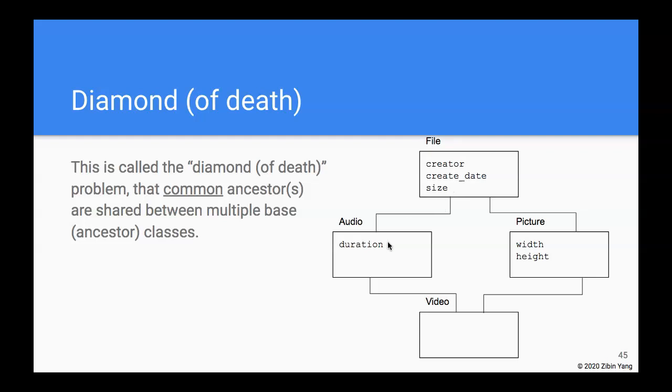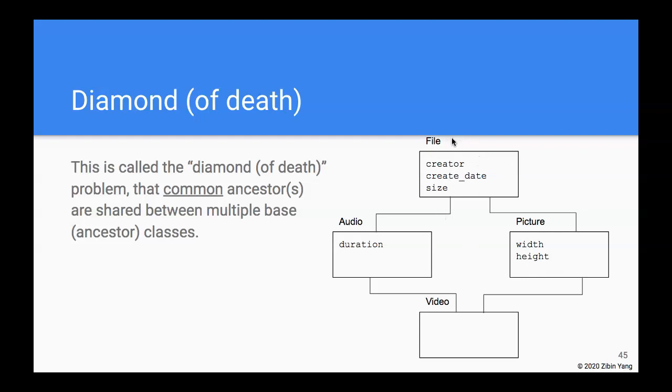Now, I apologize for my illustration here. It doesn't quite look like a diamond, but if you imagine these lines instead of 90-degree angle lines, if they're just straight lines, then this would definitely look like a diamond. Okay, and the diamond problem is really caused by having common ancestors between multiple base classes, right?